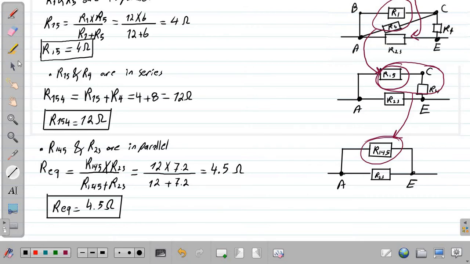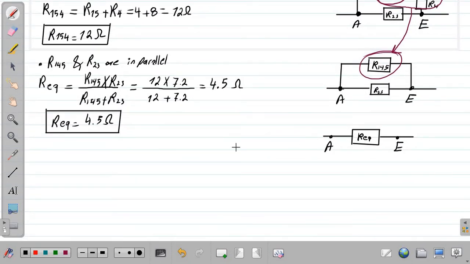Okay, خلونا نرسم ال R equivalent النهائية للcombination between A and E. This is R equivalent والterminals اللي لها هن A and E، وبالتالي حتكون بقلب السيركت هي بهالطريقة هي.